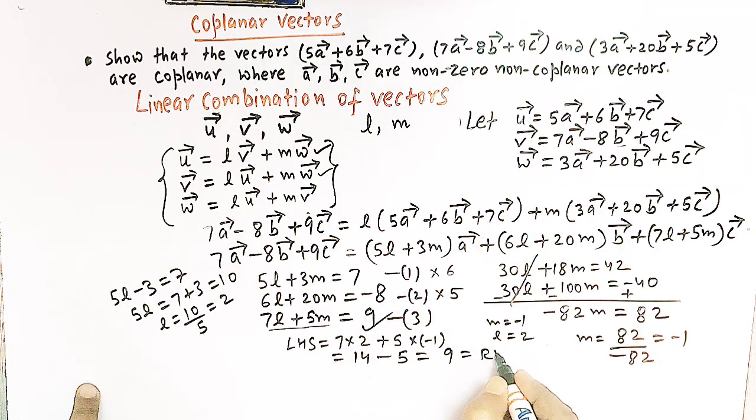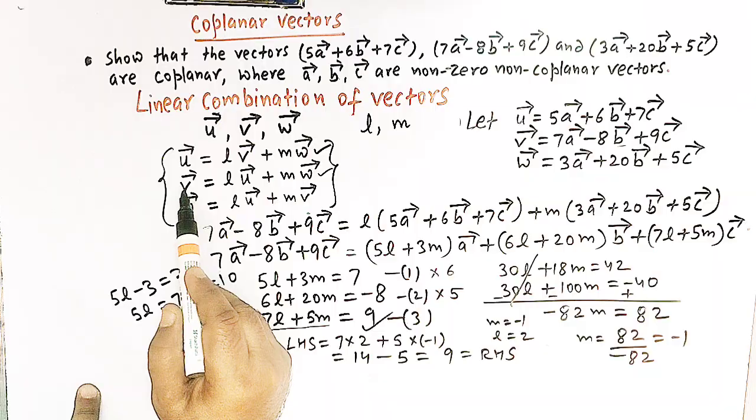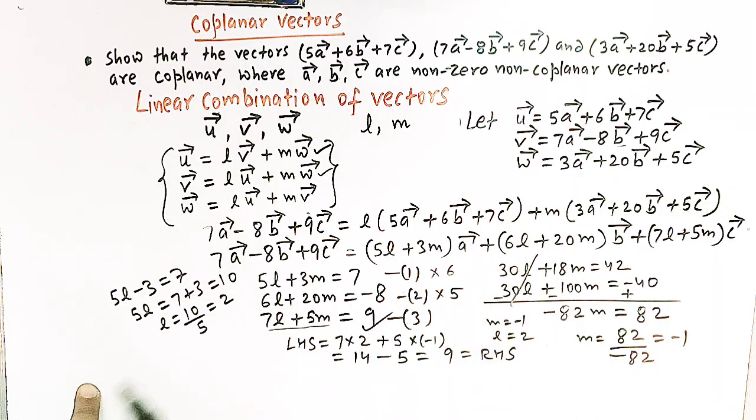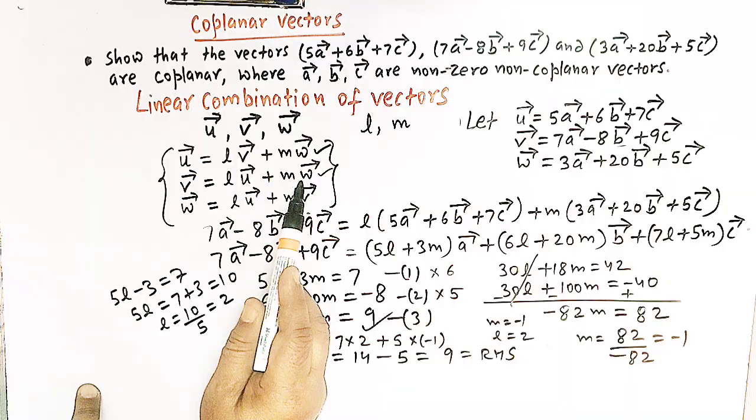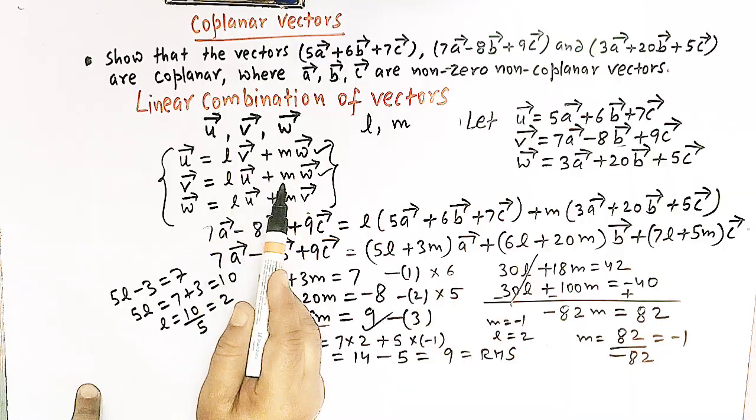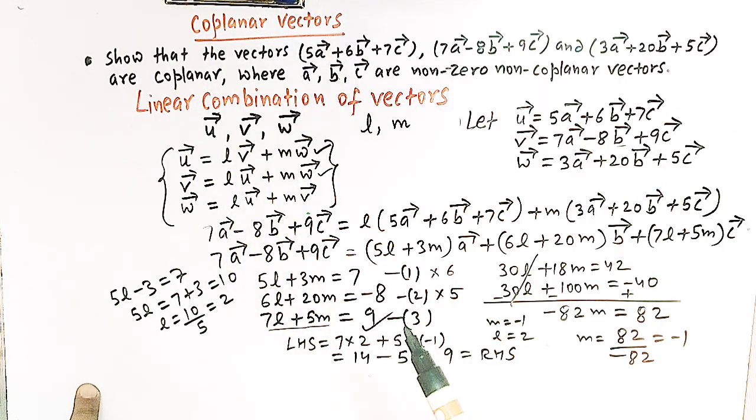So we can see that the values of L and M obtained by solving equation 1 and 2 satisfies equation 3. So we can claim that the vector V can be expressed as a linear combination of the vectors u and vector w, where L and M are some scalars, right?